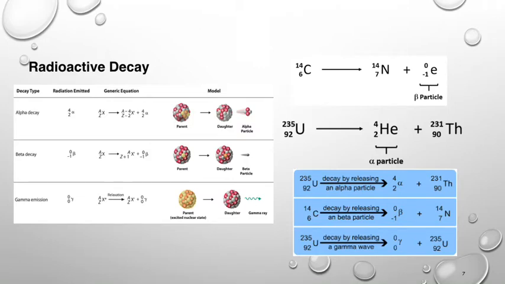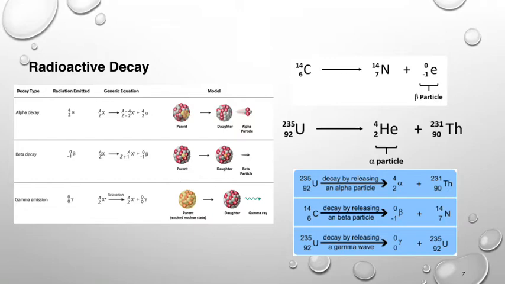That's why under the generic equation for alpha decay, we can see that on the product side, we have A minus 4 as the atomic mass. So for an alpha decay, the atomic mass will be reduced by 4 and the atomic number will be reduced by 2.